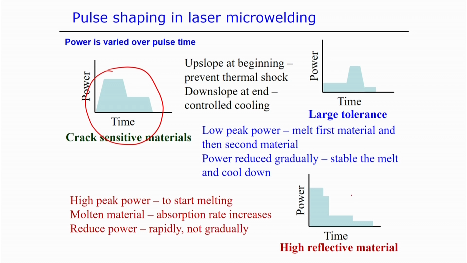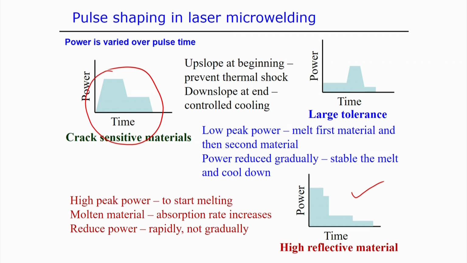Now, let us look at the other type of pulse shape, for highly reflective material. Highly reflective material is very difficult to weld using conventional welding processes, but using laser welding it is possible. In that case a good design of the pulse shape is advantageous. If you see the shape of the pulse, here we have a high peak power.